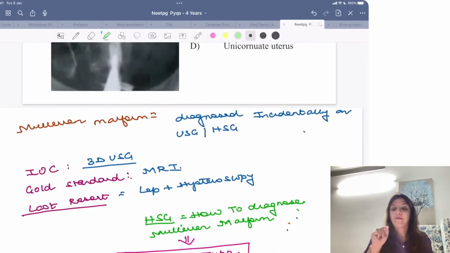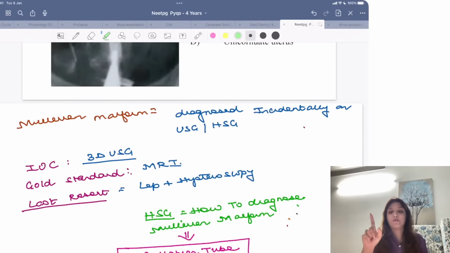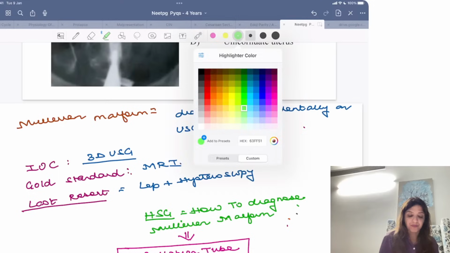So understand, Mullerian malformations, most of the times, will be diagnosed incidentally. If the patient is coming to you with recurrent abortions and you are getting an ultrasound done, then it will be diagnosed incidentally. Or if the patient is coming to you with infertility and you've got an HSG done, then it will be diagnosed incidentally. Right? The investigation of choice for Mullerian malformations is 3D ultrasound.